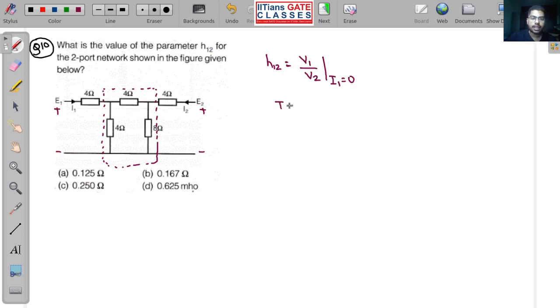So if I get a T network, I can directly write the Z parameters. If I get the Z matrix or open circuit parameters, I know H12 is equal to Z12 by Z22. I know this relation. Okay, I will be getting this.